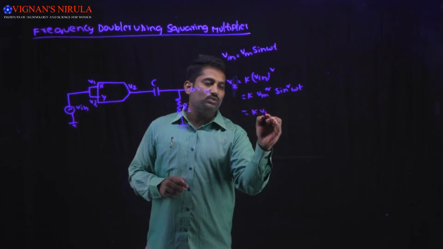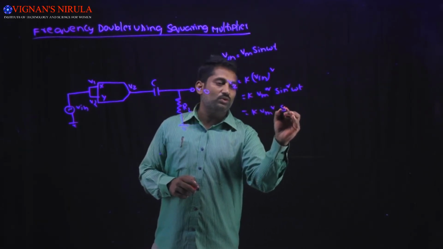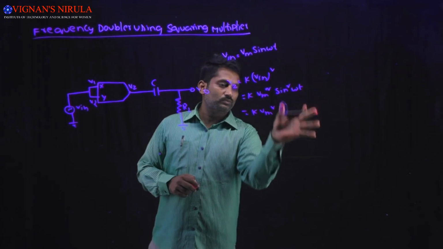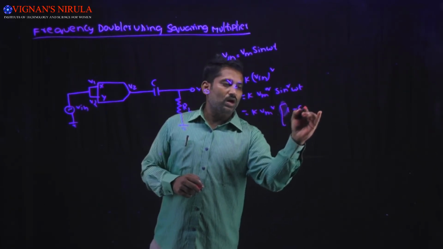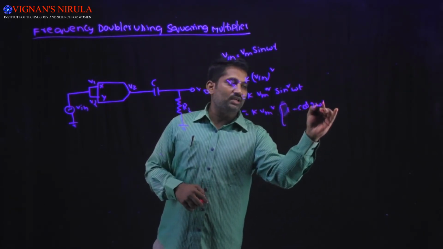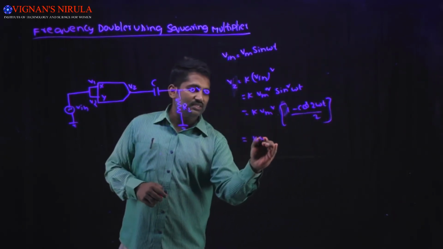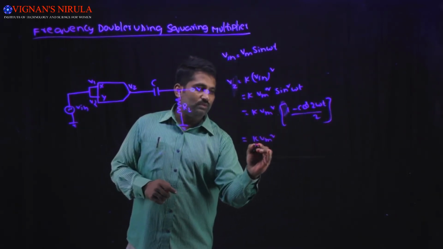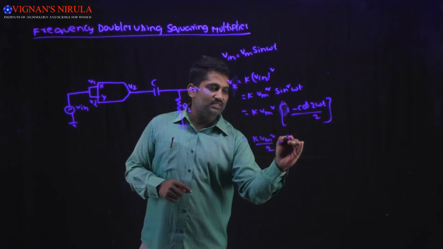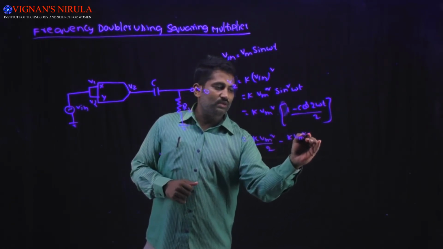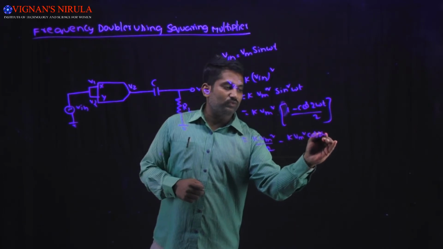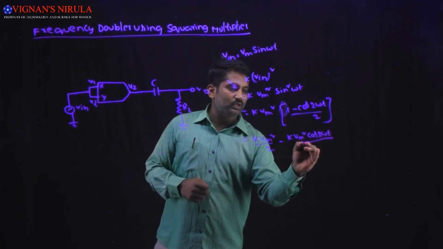So k into Vm square into 1 minus cos 2 theta divided by 2. From this we can rewrite it as k into Vm square by 2 minus k into Vm square into cos of 2 omega t divided by 2.